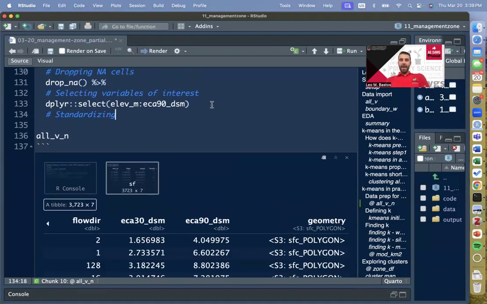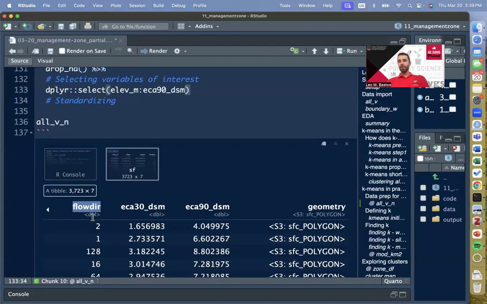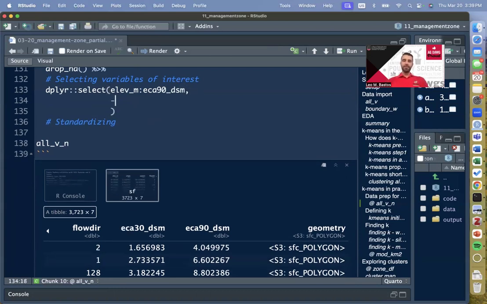What I want to do here actually is leave behind flow direction because it is seen as numerical, but it's really categorical, right? These numbers do not represent, it does not mean that 2 is twice as much as 1. It just means that 1 is north, 2 is northeast, right? So on the select, I want to come here and say minus flow_dir.